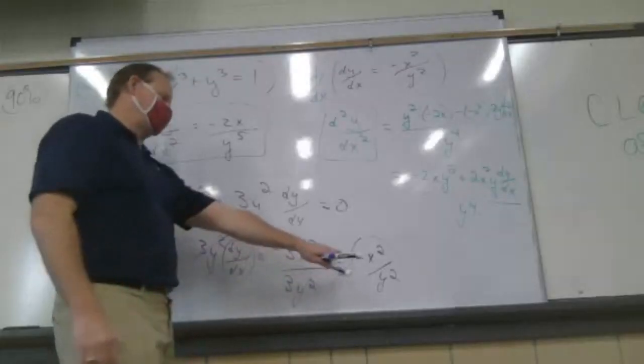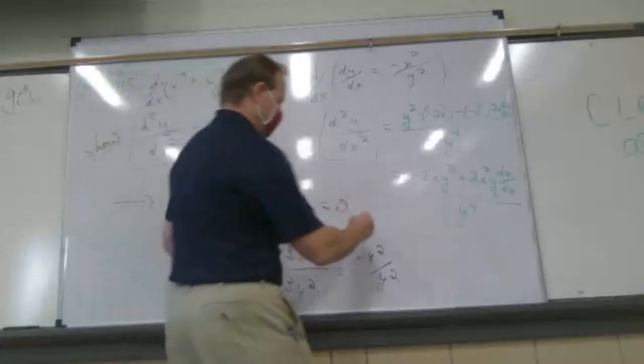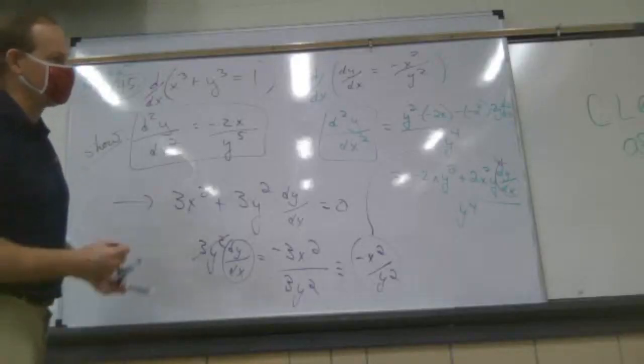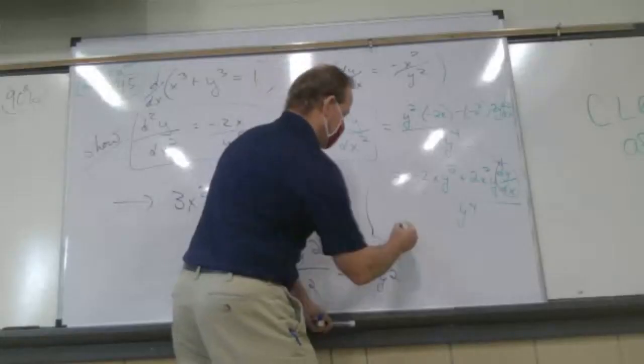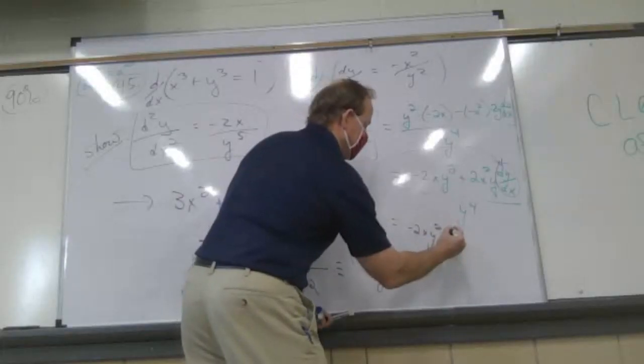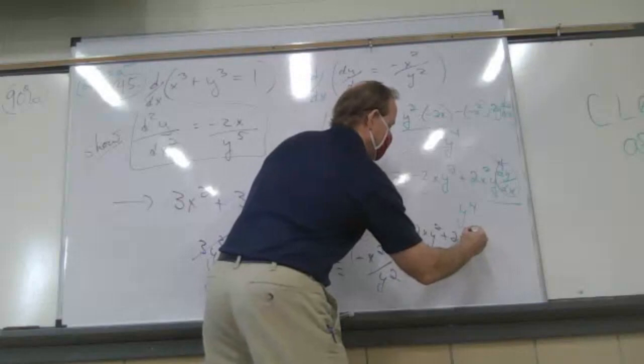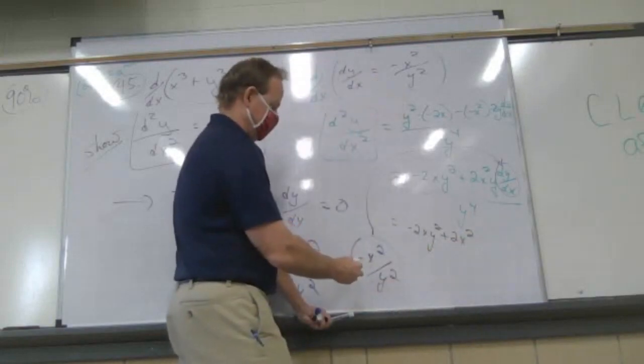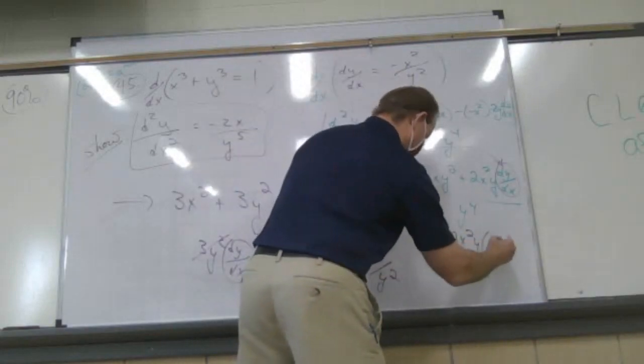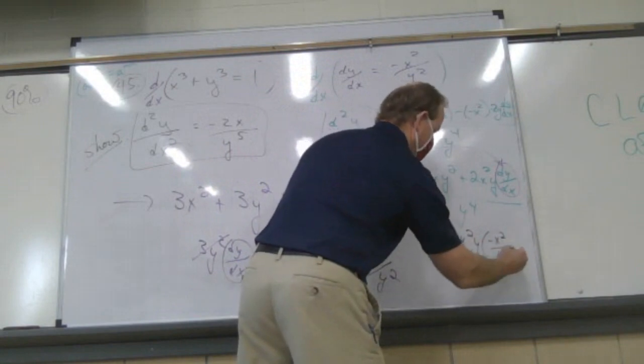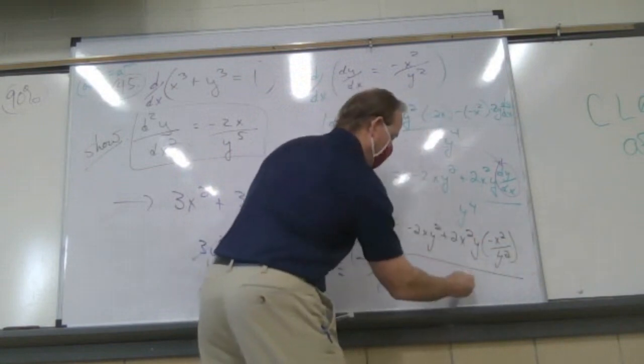Do I know what dy dx is? Yes. Substitute it in. So I'm just going to take this purple thing and plug it in for dy dx, right? And if I do, what do I get? So I'm going to get, this is minus 2xy squared plus 2x squared y times minus x squared over y squared, and then all over y to the fourth power, right?